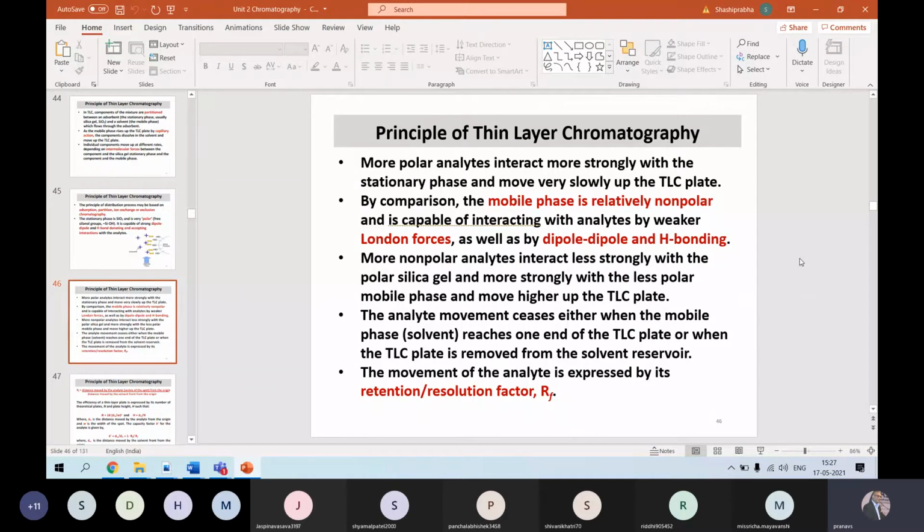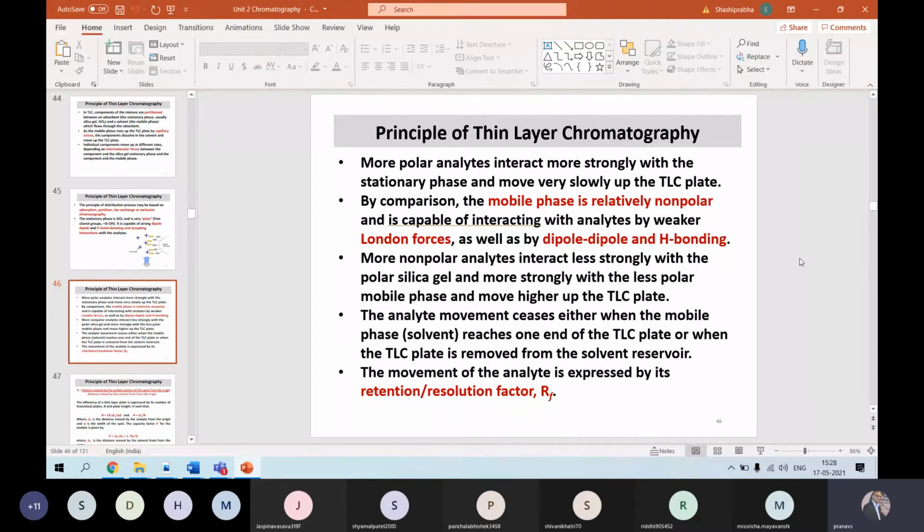Now, what will happen when there are polar analytes? They will tend to remain with the stationary phase for a longer period of time. And once they have some strong interactions with the stationary phase, they will move very gradually.